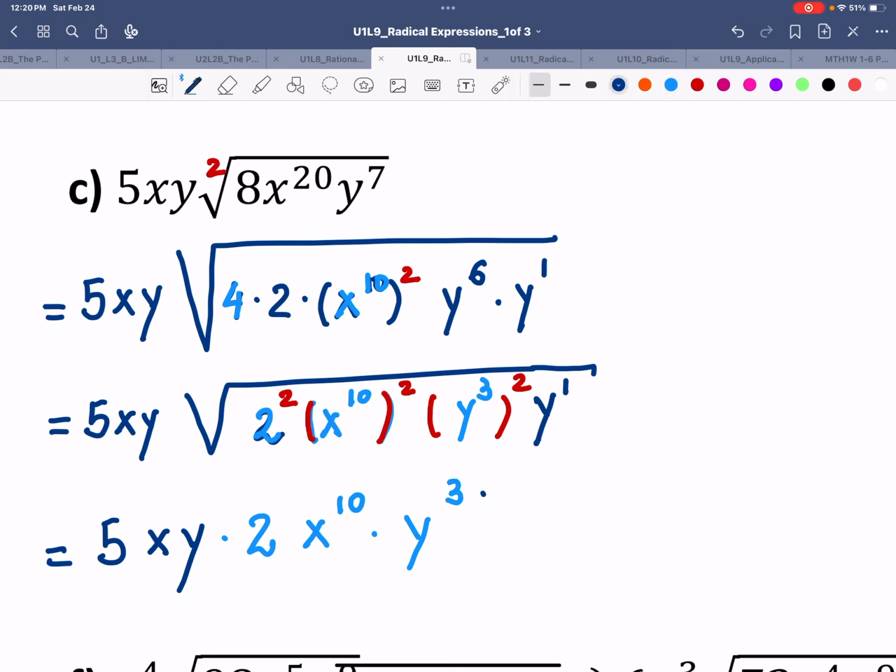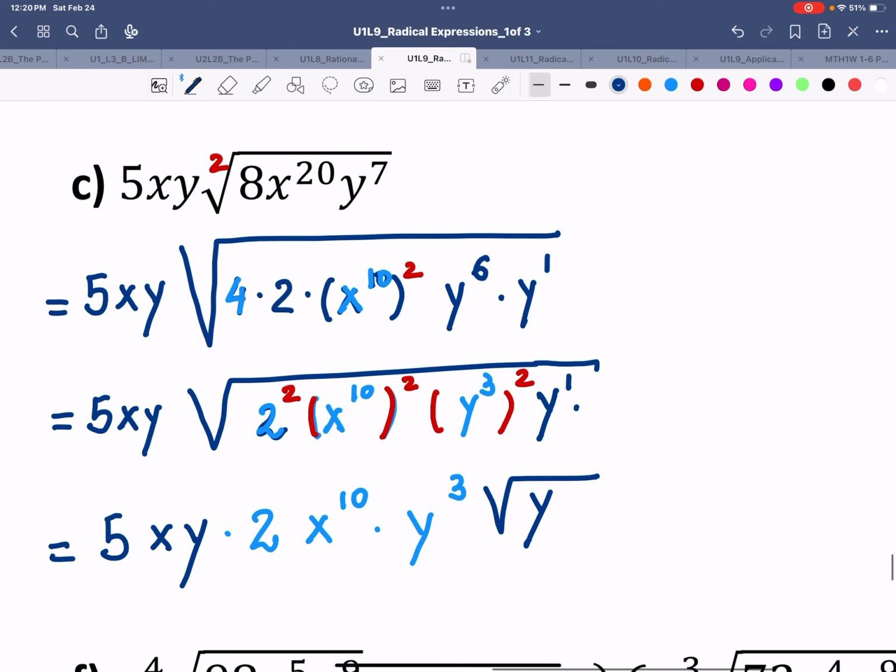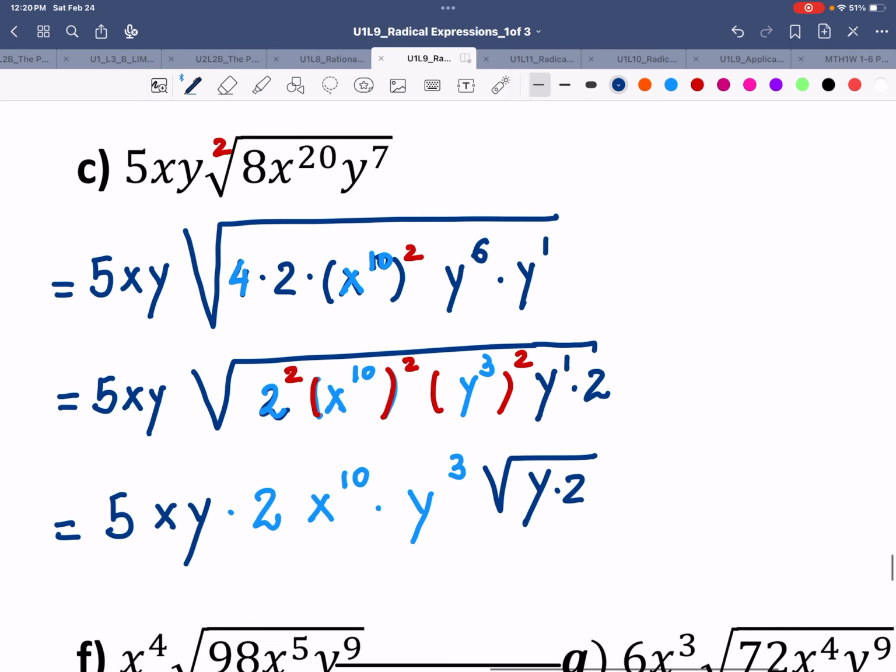And inside the root, we'll have simply the variable y, and we almost forgot this number 2 here at the very end. So the number 2 is not part of the perfect squares in here. So y times 2, or 2y.